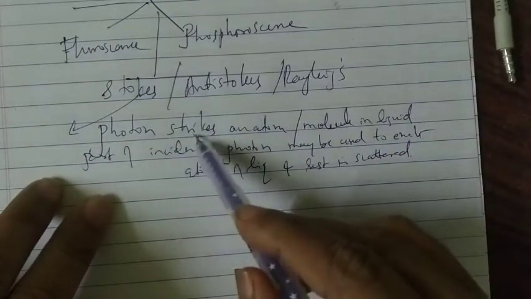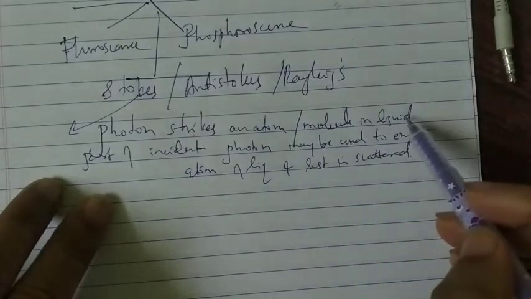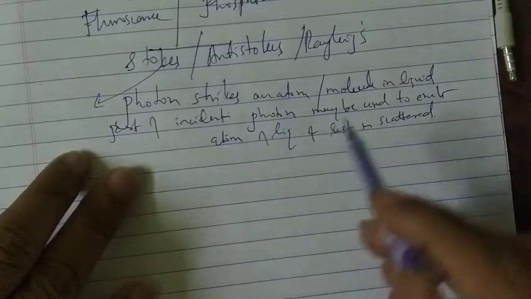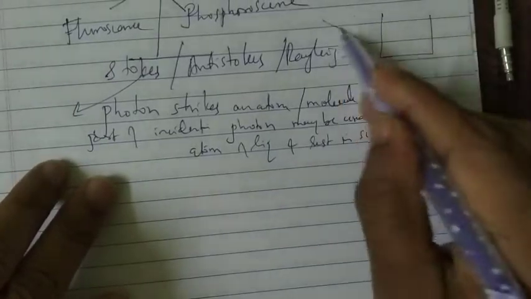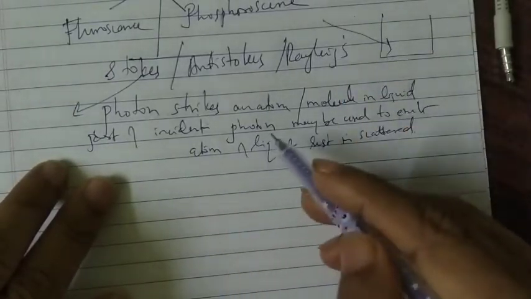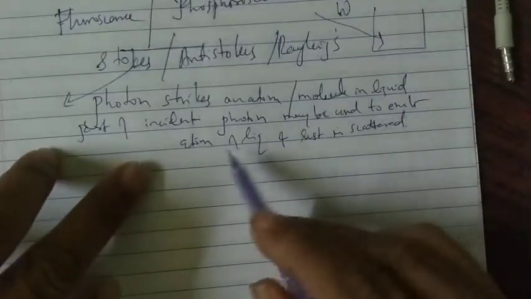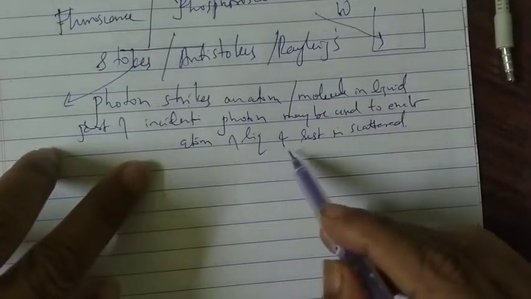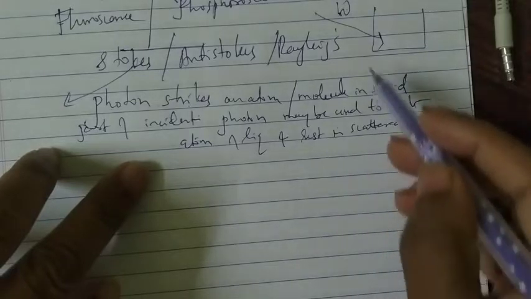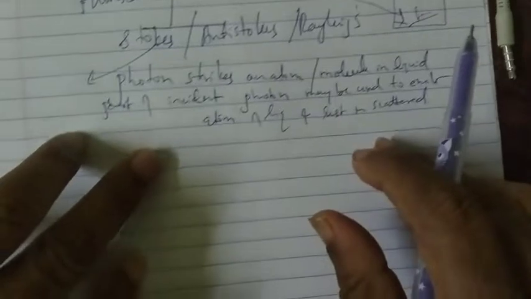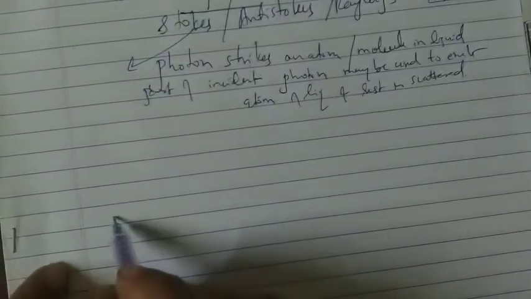So what is the Stokes line here? When a photon strikes an atom or a molecule in a liquid, a part of the incident light photon, the h nu, may be used to excite the atom of the liquid, and the rest of them will be scattered. So that is the phenomenon. If you see here, I will draw here.